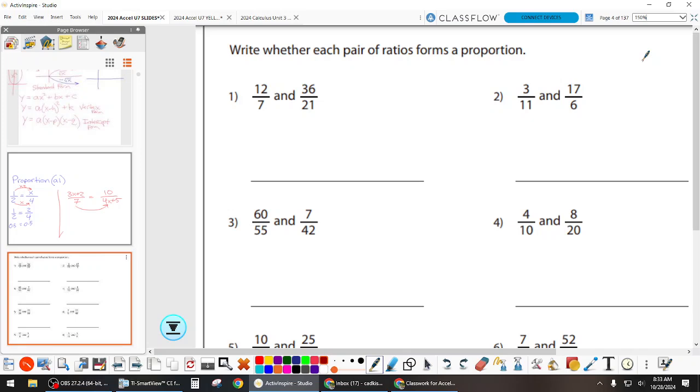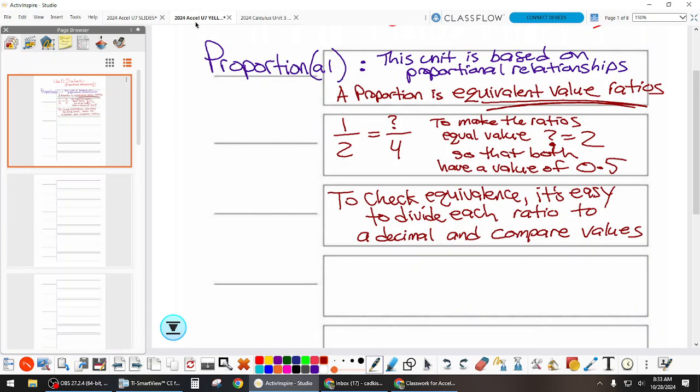Wow, we didn't write any of that. What is a proportion? A proportion is equivalent value ratios. Maybe you should add that, Jazzy.